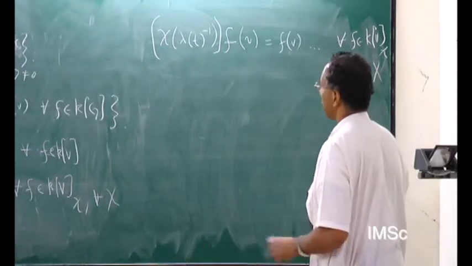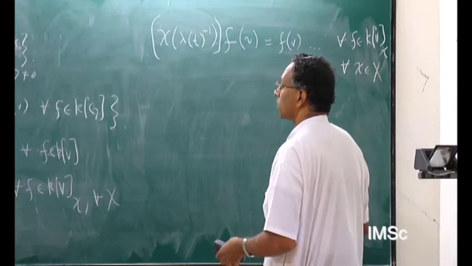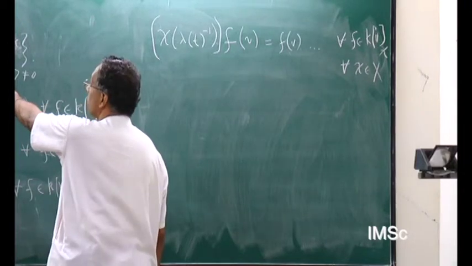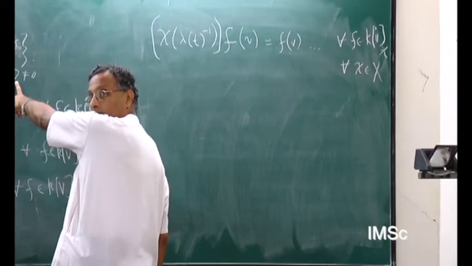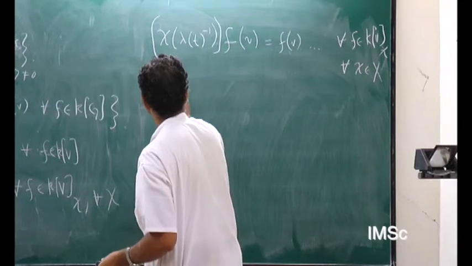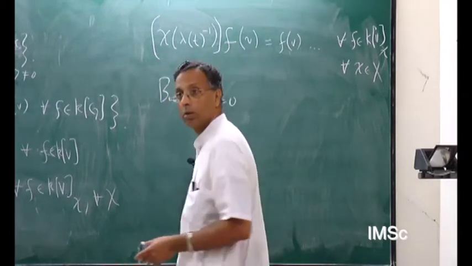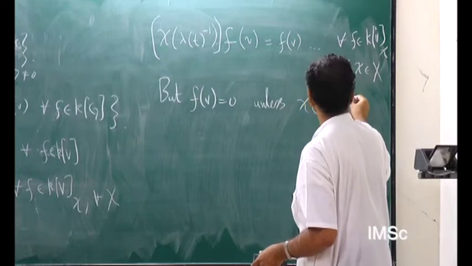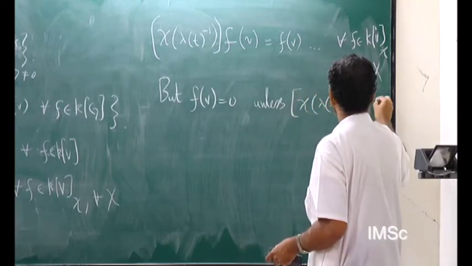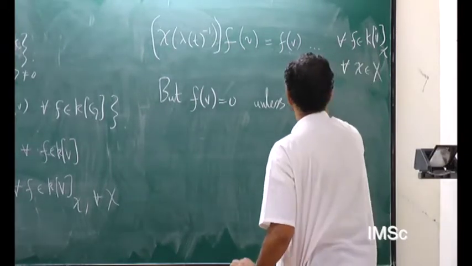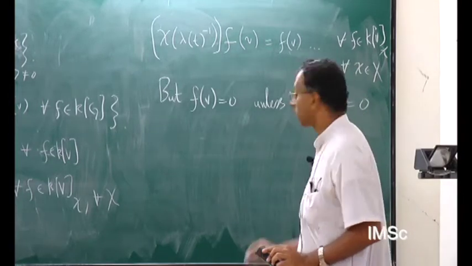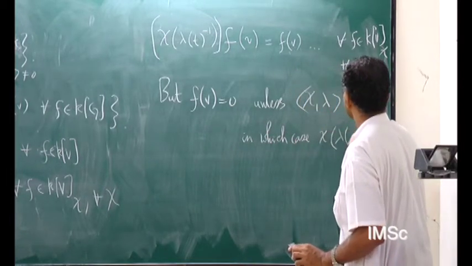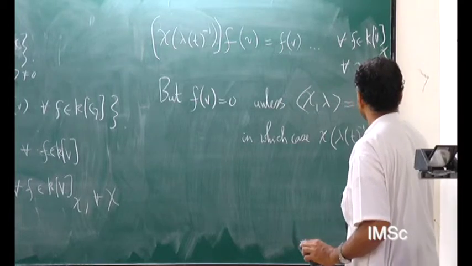Okay. Now I claim this is okay because f of v is equal to 0 unless chi lambda t inverse is equal to 1, so unless chi lambda is equal to 0, in which case chi lambda t inverse is equal to 1.